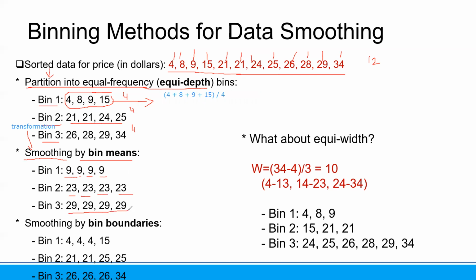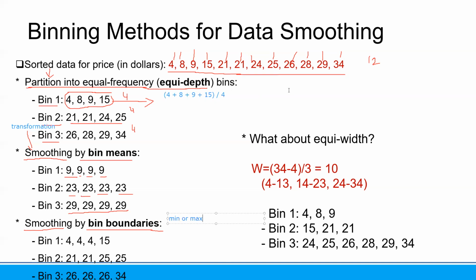And this is for the last bin. How about if we use bin boundaries? In the bin boundaries, we want to smooth the value based on the minimum or the maximum. It depends on whether the number is closer to the minimum or to the maximum.